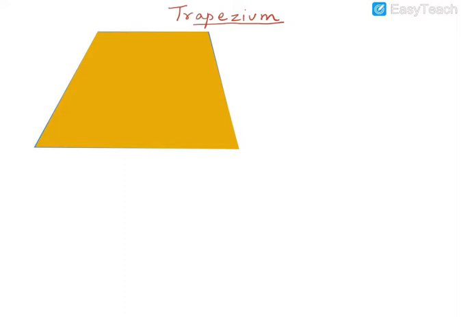On a marble paper, draw a trapezium, that is a 4-sided figure such that one pair of opposite sides is parallel. So here in this trapezium ABCD, I have drawn AB parallel to DC.